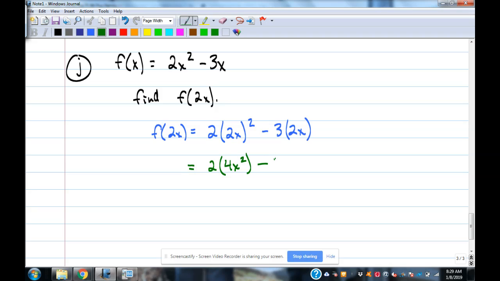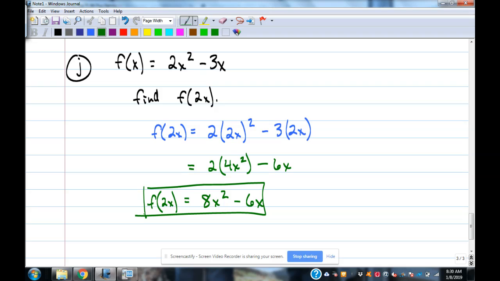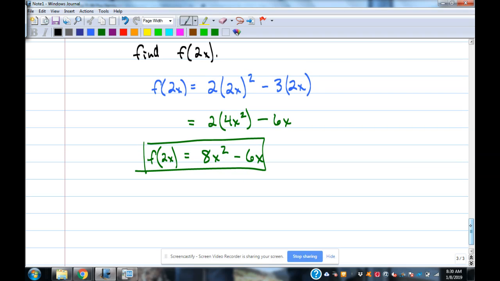And then I'm going to multiply 3 times 2x, which is 6x. And then we've got to double that. So that's going to be 8x squared minus 6x. So a little bit of algebra to go along with some of the arithmetic we've been doing, just to get your brain going into some algebra world. Fun stuff.